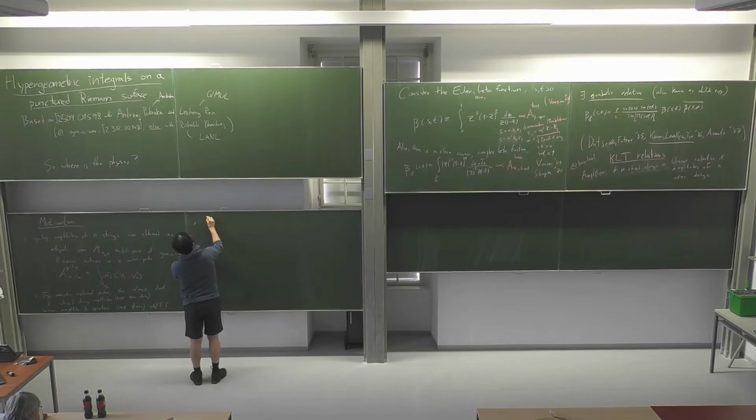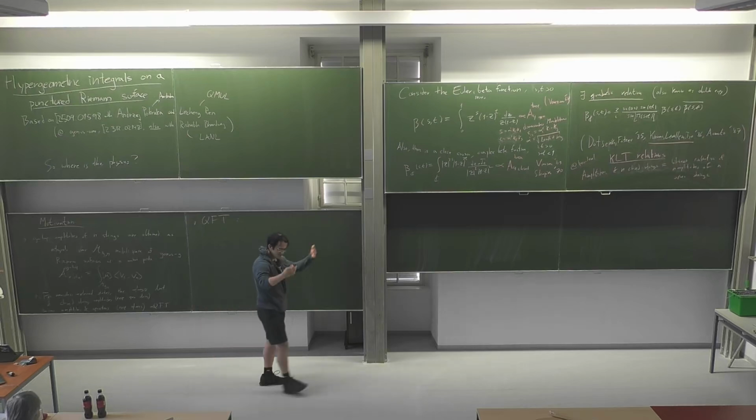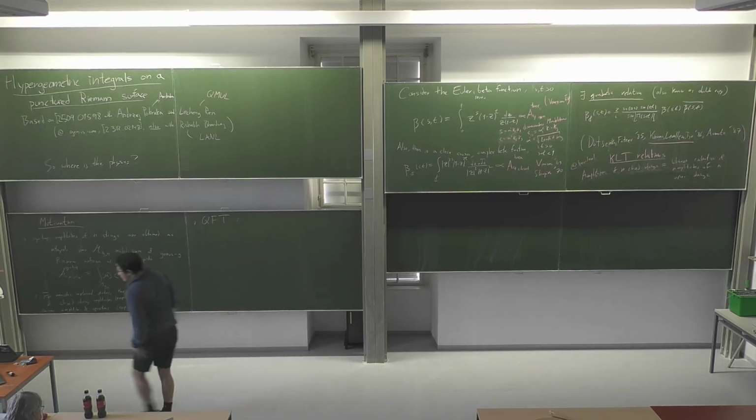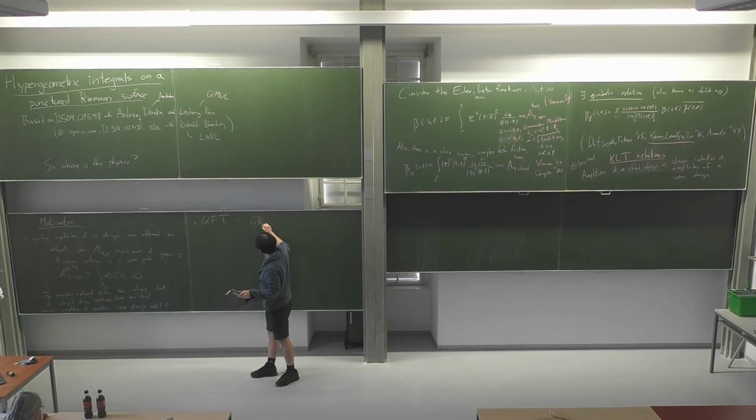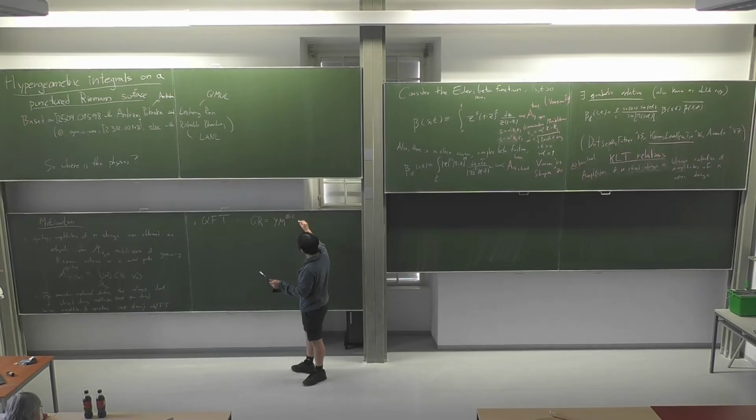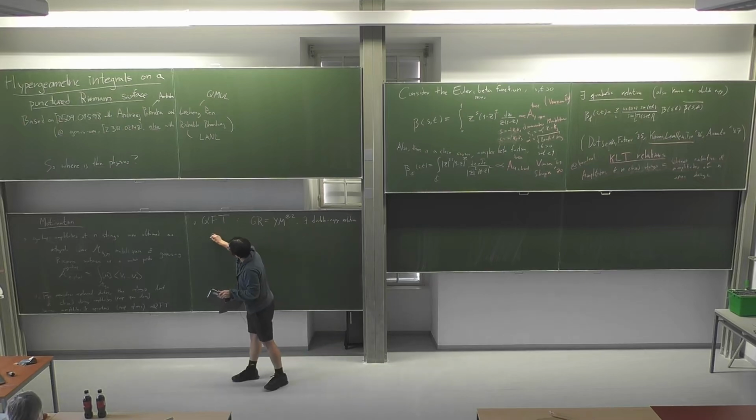Actually, now let's talk about quantum field theory. In perturbative quantum field theory, there's been a nice success story about saying that, schematically, GR, so general relativity, equals Yang-Mills squared, meaning that there are double copy relations for graviton and gluon amplitudes.